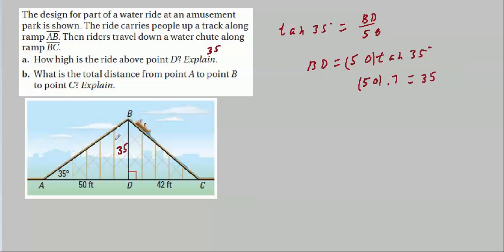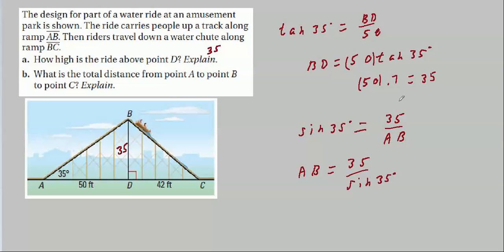So we could write that the sine of 35 degrees equals 35 over AB. And that should give us that AB is 35 divided by the sine of 35 degrees.